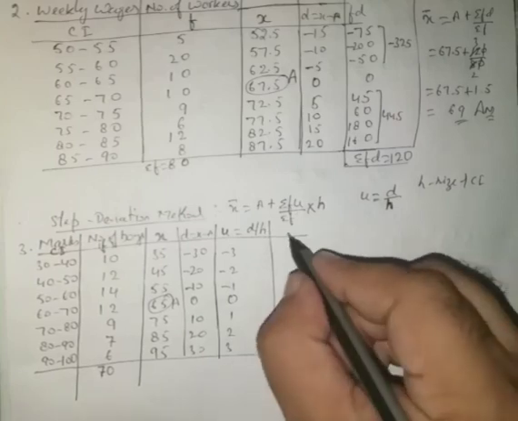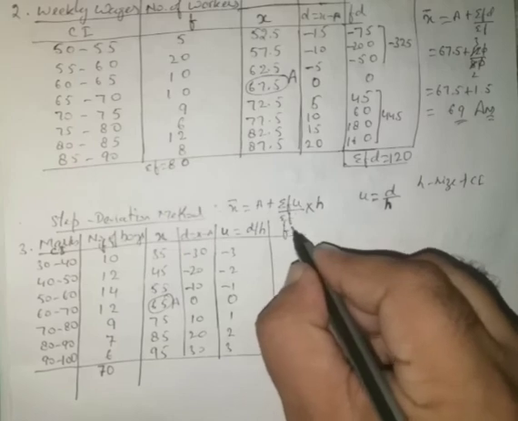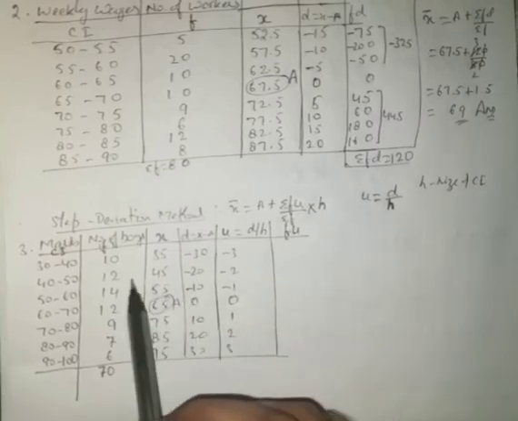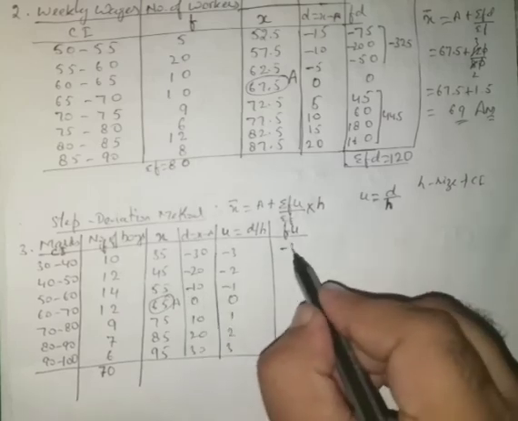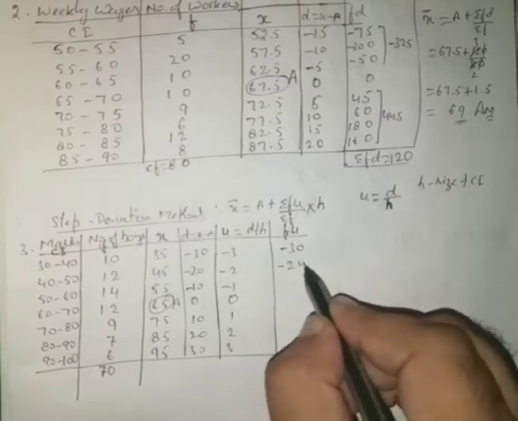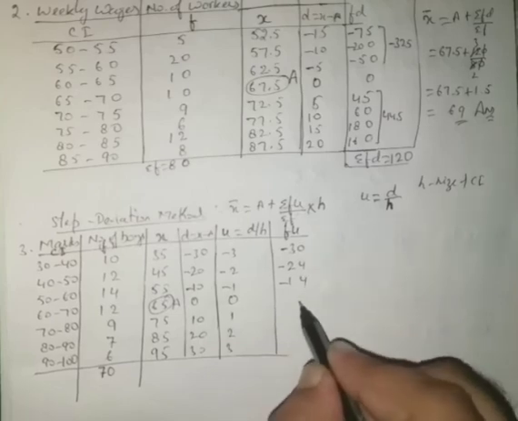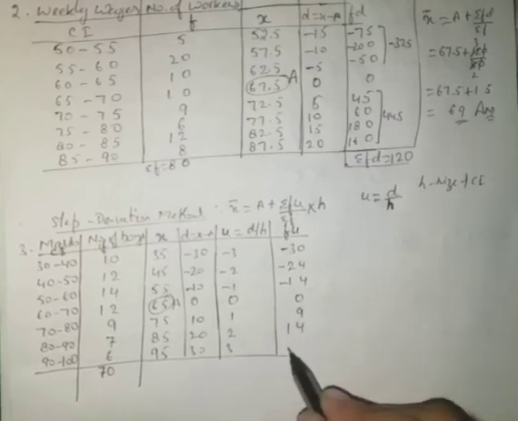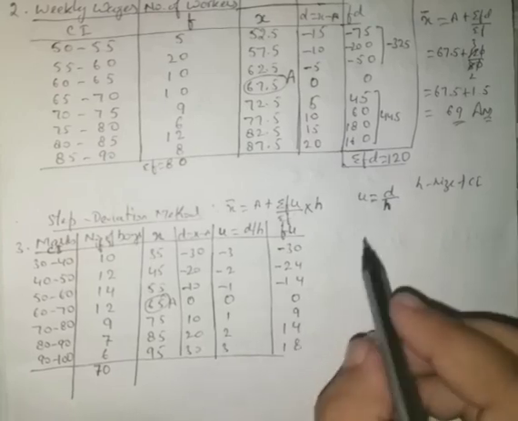Now I have to calculate fu. So 10 multiply 3 is minus 30, 12 multiply 2 is minus 24, 14 multiply 1 is minus 14, this will be 0, this will be 9, 7 2s are 14, and 6 3s are 18.